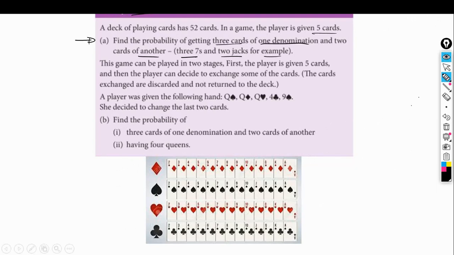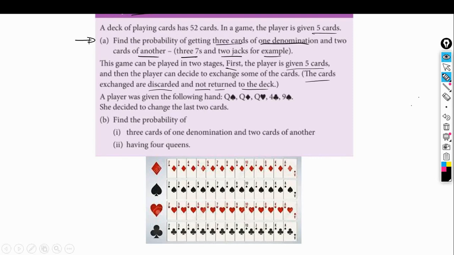So now we're going to continue with the other part of the problem. It says, this game can be played in 2 stages. First, the player is given 5 cards, and then the player can decide to exchange some of the cards. And they put a note here: the cards exchanged are discarded and not returned to the deck. This is very important. A player was given the following hand: Queen of Spades, Queen of Diamonds, Queen of Hearts, 4 of Clovers, and 9 of Spades.